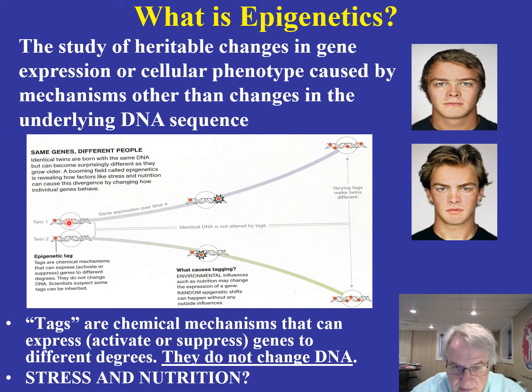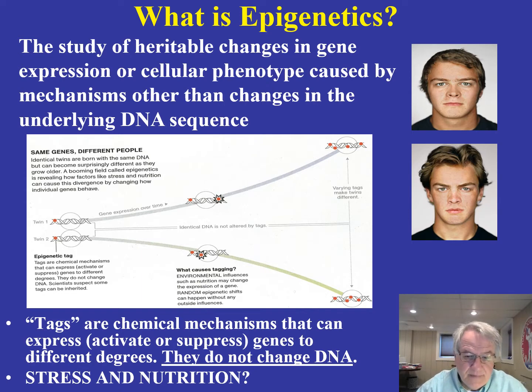So take a look at the development of these identical twins. What you see is a divergence that occurs over time based upon the presence or absence of these tags. Again, we don't really know precisely what the tagging is all about. It could be an environmental influence, for example, the impact of stress. It could be the impact of the kinds of food that you eat.